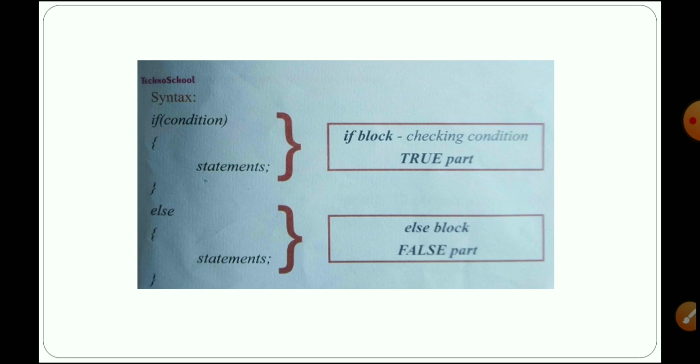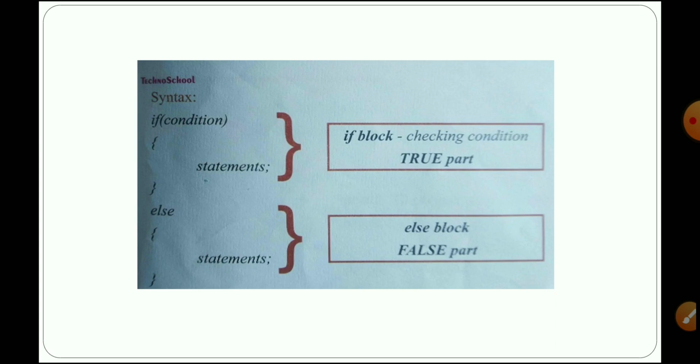Since 8 less than or equal to 10 is true, the first block of code will be executed. If the condition were false, it would move to the else block directly and the first block would be skipped. So depending upon the condition, the program will be executed. That is called the if else statement syntax.